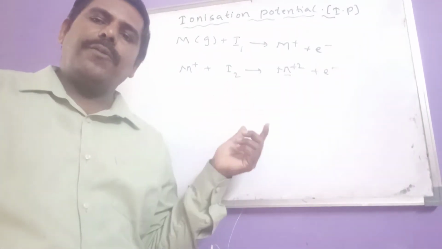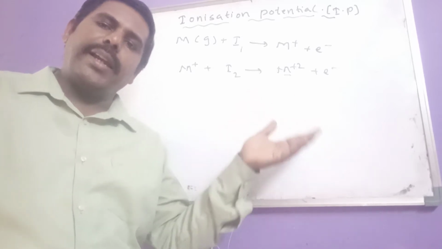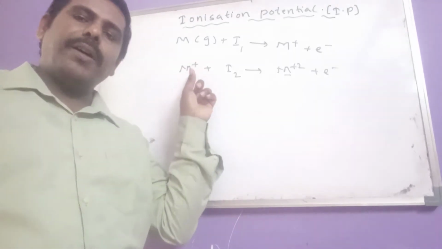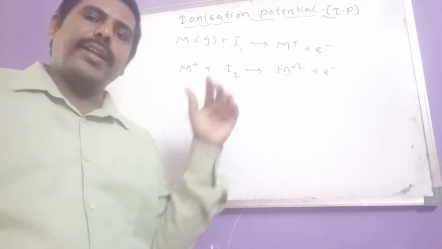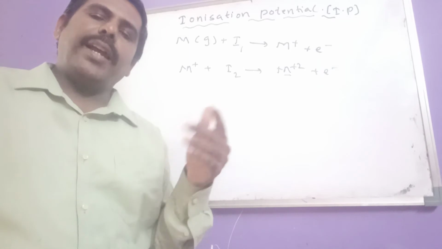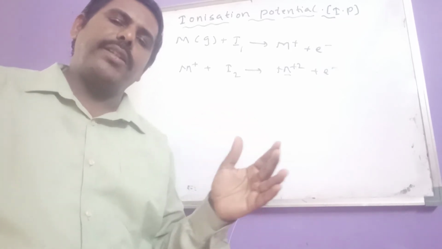So the energy required to remove another electron from a unipositive ion is known as second ionization potential. Like that we may go for third ionization potential, fourth ionization potential, and so on.